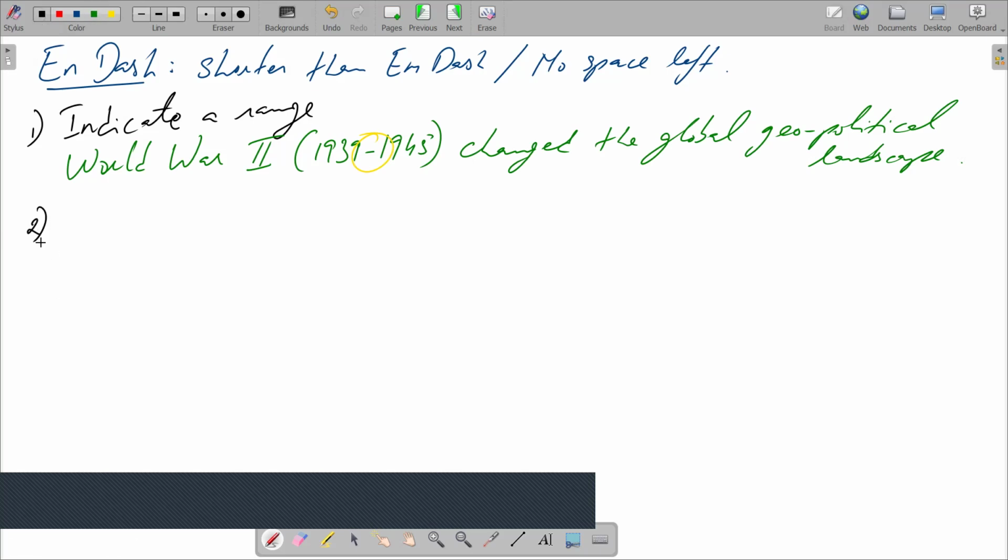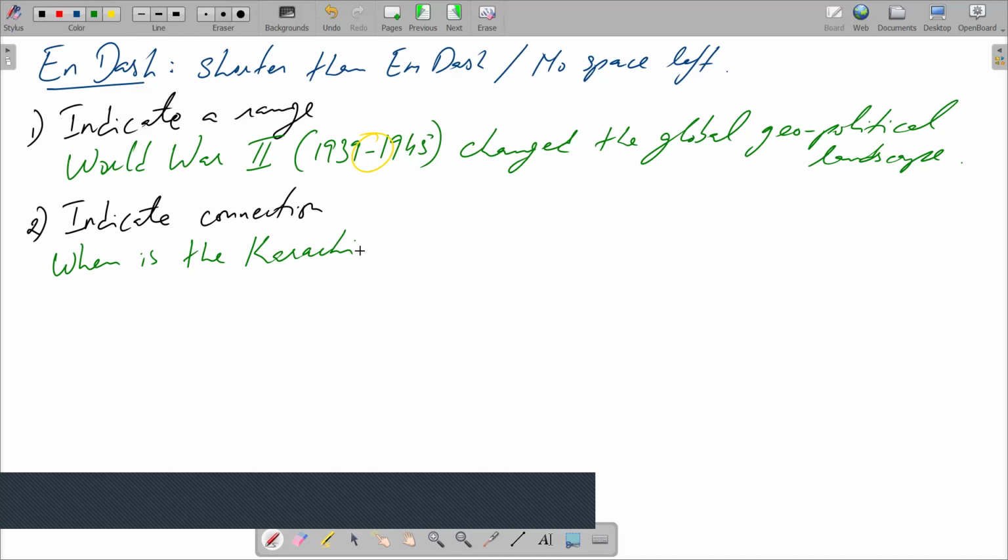The other thing this particular dash does is it indicates a connection. So are people going to watch the Pakistan-India match in Dubai? If I'm not mistaken, I actually have no idea what's going on.